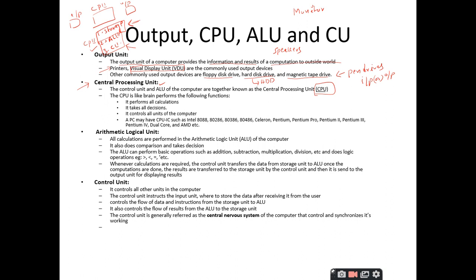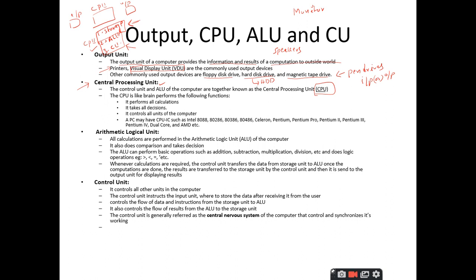So, for example, if you take our body, every instruction that you get, for example, I want to raise my hand, I want to say hi, everything should be done from the brain only. In a similar way, any operation that you want to perform on the computer should be through the central processing unit only.